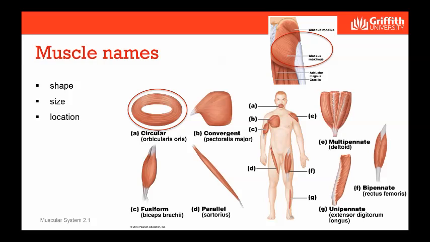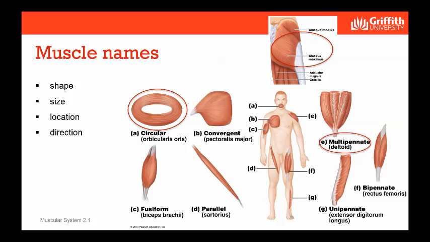Some muscles are named according to their location. The temporalis muscle lies over the temporal bone, and the zygomaticus muscles lie above the facial bone of its same name. Some muscles are named for their direction, in which the muscle fibers travel. For example, rectus abdominis travels straight up and down.